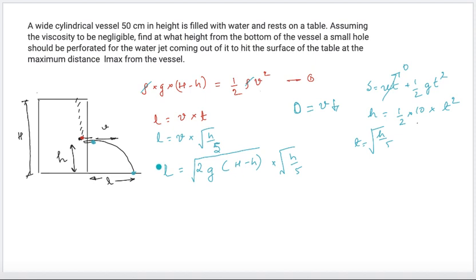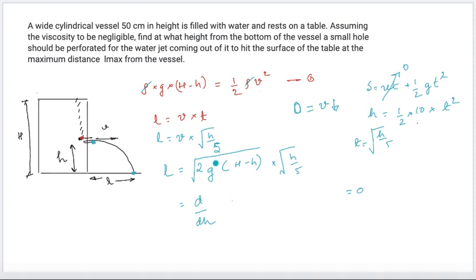Now we have to make this maximum. So we have to differentiate this equation with respect to h and make it 0, and then we have to find out the value of h, right.